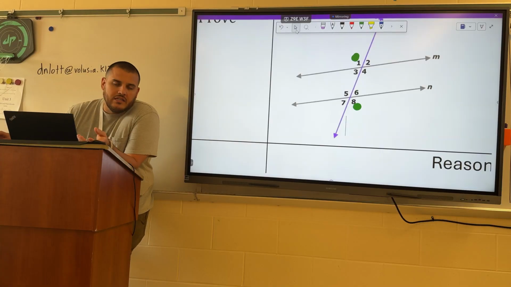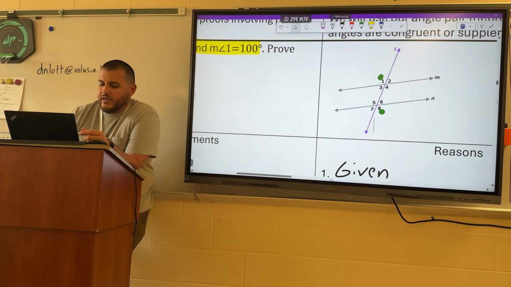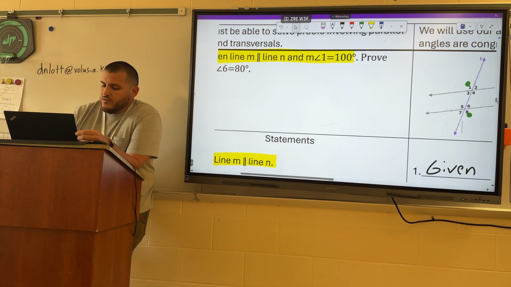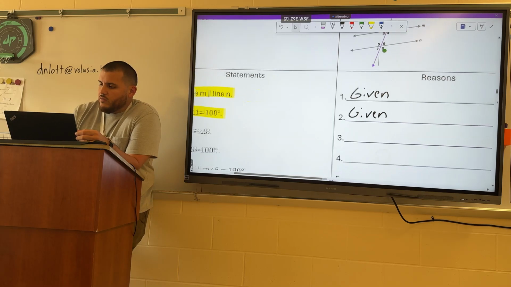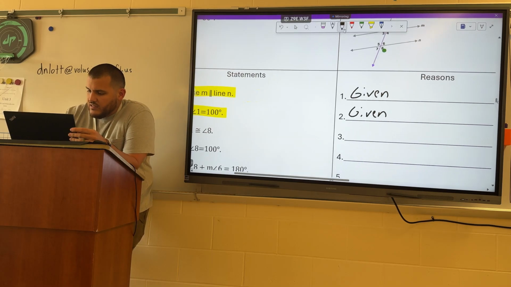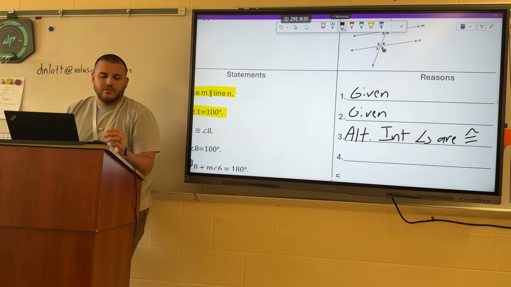And we've learned in this unit that on parallel lines, alternate exterior angles are congruent. So those angles would absolutely be congruent to each other. Angle 1 is congruent to angle 8. We would say because alternate exterior angles are congruent to each other. Alternate exterior angles are congruent.